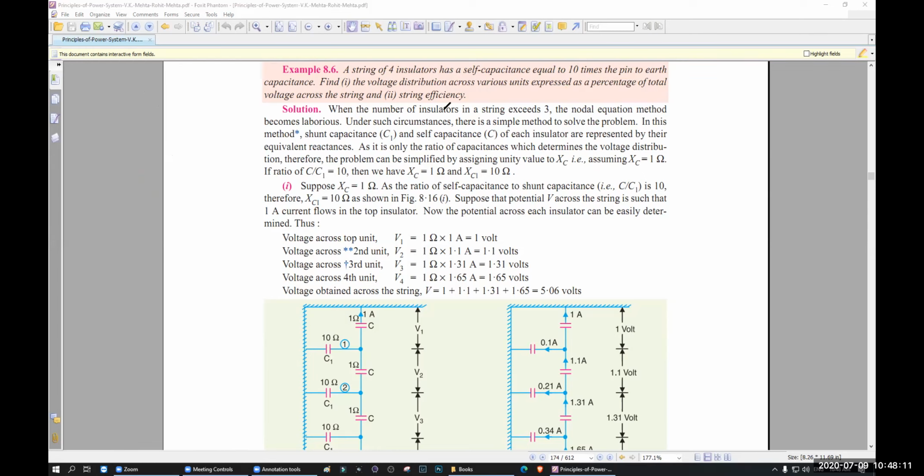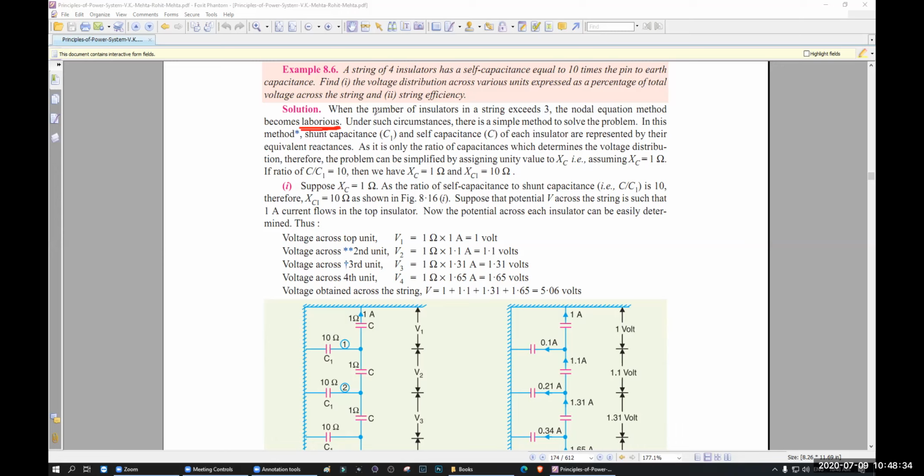Okay. And string efficiency. When the number of insulators in the string exceeds 3, the nodal equation method becomes laborious. Laborious means you have to do it again and again, and it is a very lengthy process. Under such circumstances, there is a simple method to solve the problem.